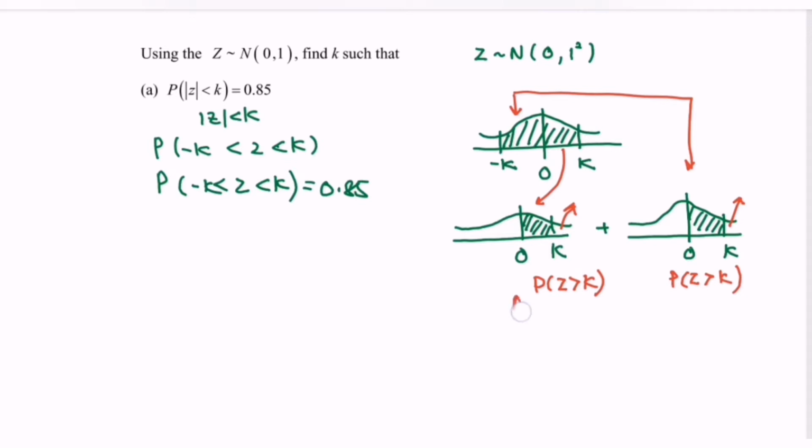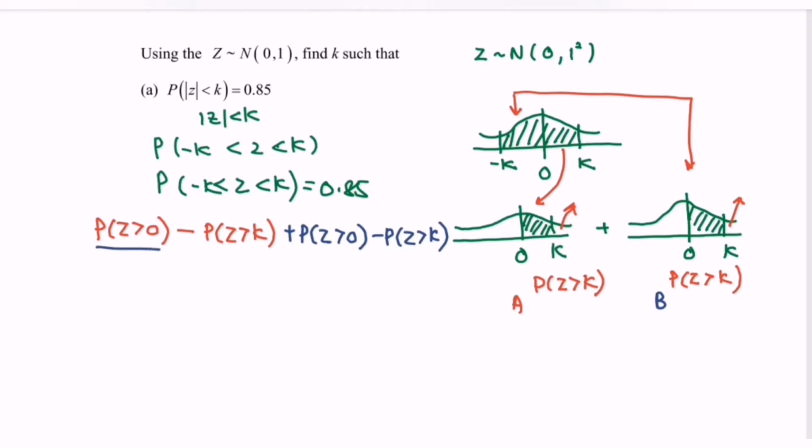For the first part, which we call A, the probability that Z is greater than 0 minus the probability that Z is greater than K. That is the first part, A. Second part, referring to B. Same goes to this part, plus the probability that Z is greater than 0 minus the probability that Z is greater than K. So rewrite the situation. If you refer to the table, the probability that Z is greater than 0 will be equal to 0.5. So same goes to this part.